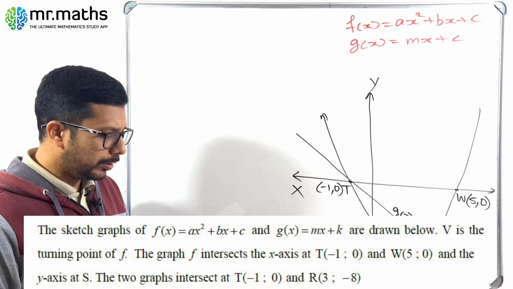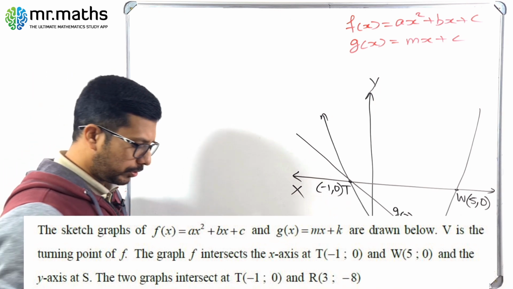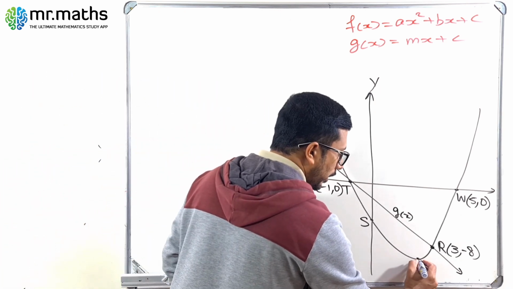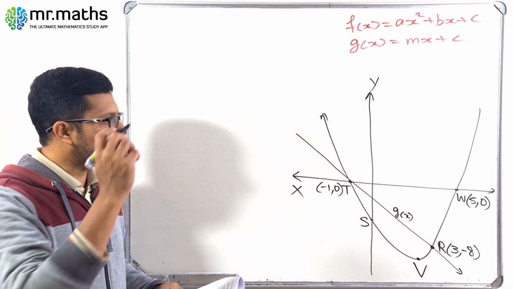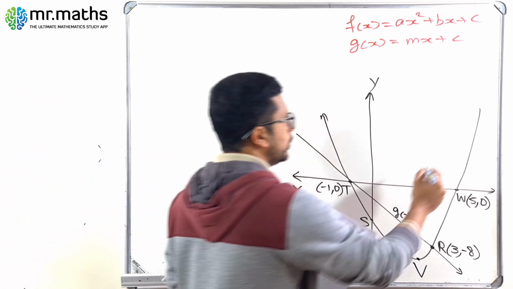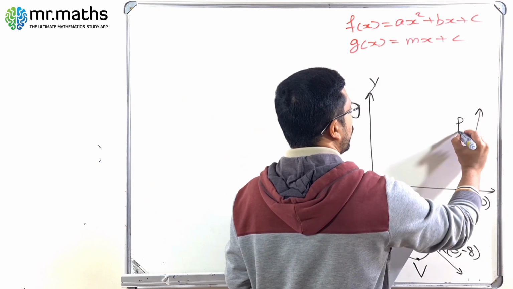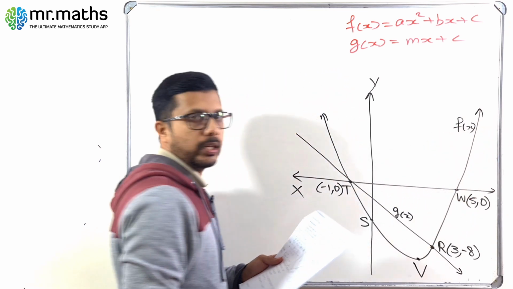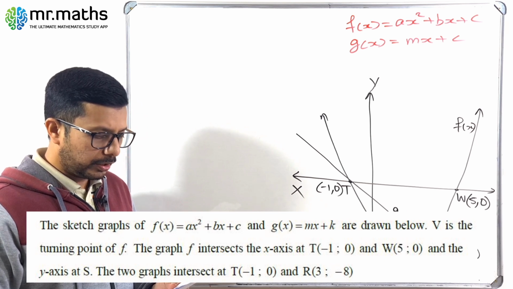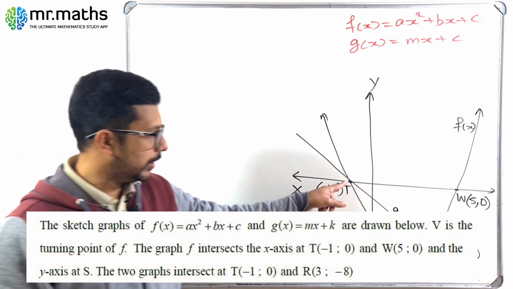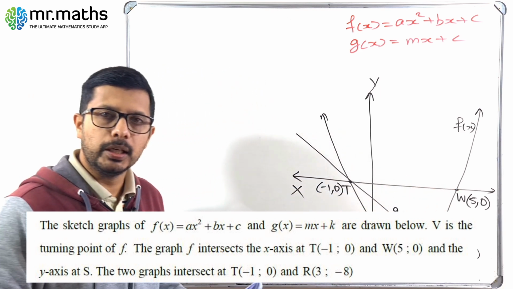V is the turning point of f. So there is a point here, and they are saying that that point V is the turning point of that f of x graph. So this is our f of x graph, the parabola. Okay, then T and W are the x intercepts.